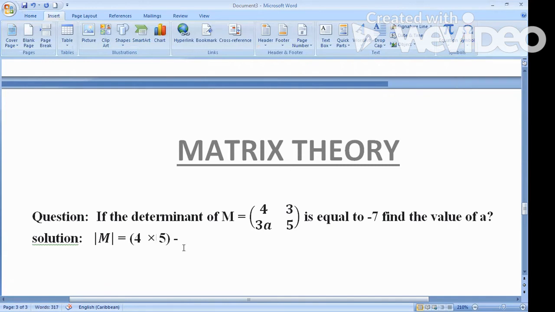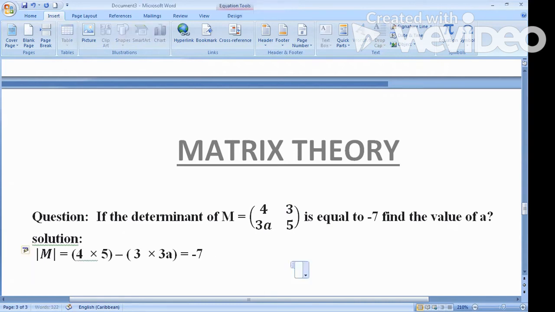Subtract what? 3 times 3a, which is 3a... 9a. So 20 minus 9a. And that is equal to what? -7. Not true? If it was singular, it would be equal to what? 0.